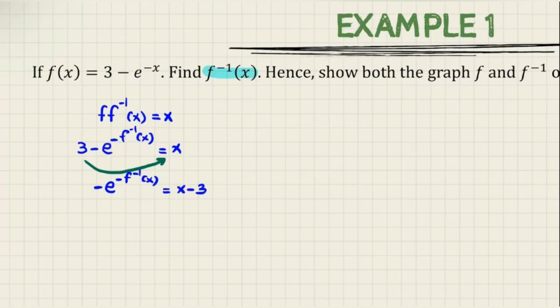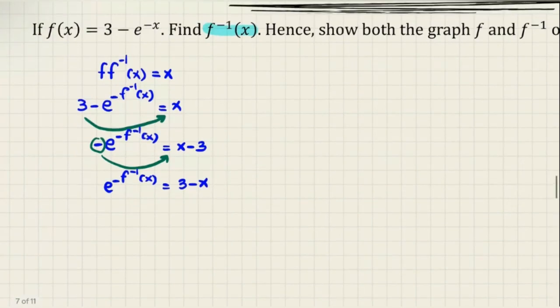Okay, kemudian kita nak hilangkan negatif. So kita akan darabkan both sides dengan negatif lah. So bila hilangkan negatif, kita dapat E of negative F inverse of X will be equals to 3 minus X. Alright. Dan kemudian macam mana? Kita nak hilangkan eksponen. Nak hilangkan eksponen, kita akan ln on both sides.